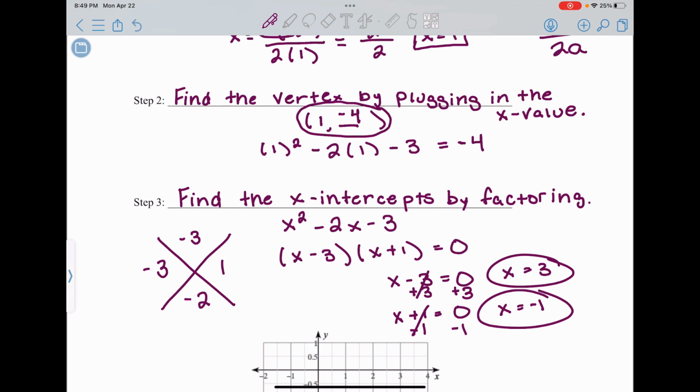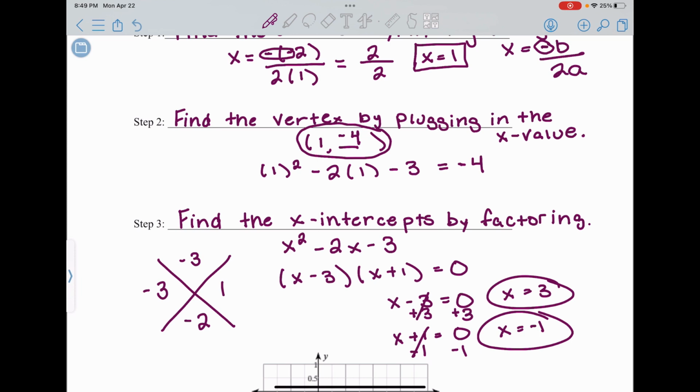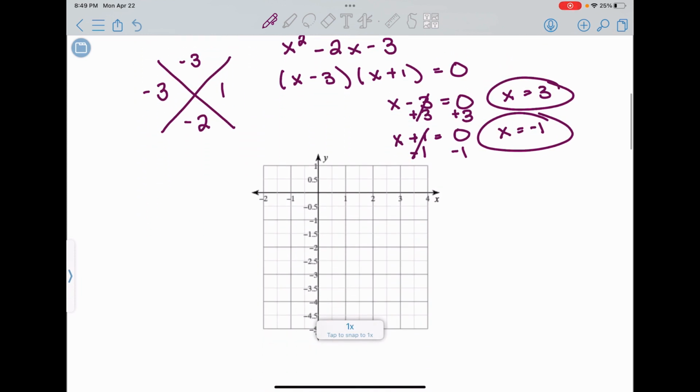And now that I have these three pieces of information, I am ready to graph my quadratic. The first thing we found was the axis of symmetry, the line x equals 1. So I'm going to draw a vertical line through 1 on the x-axis.